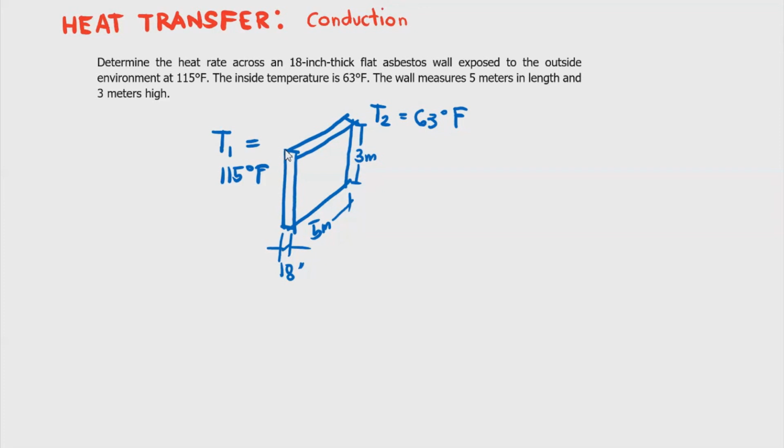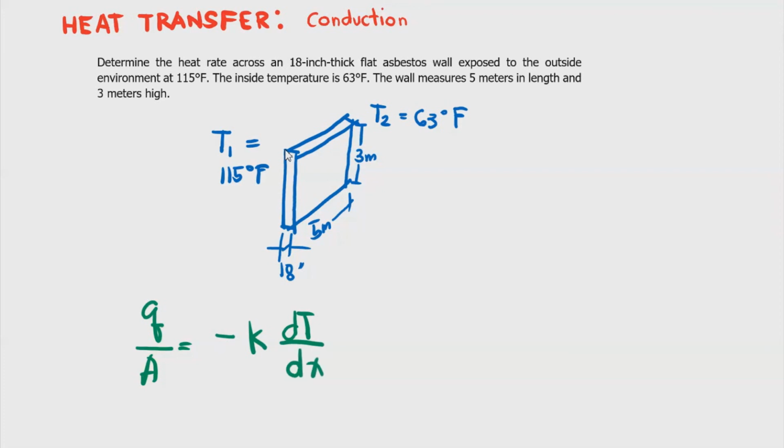And remember, the Fourier Equation states that Q over the area is equal to negative K dt over dx.